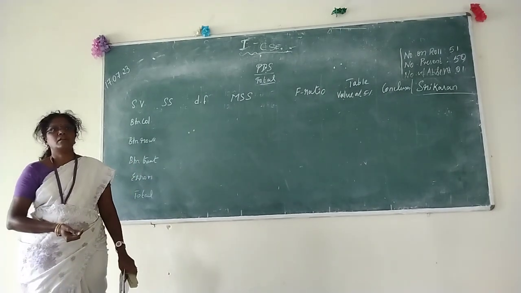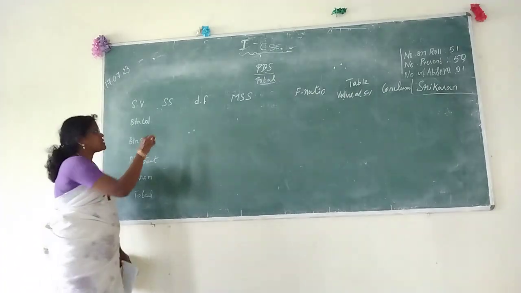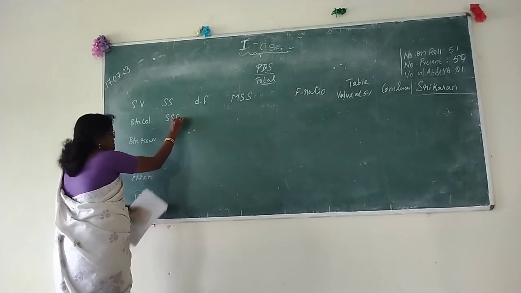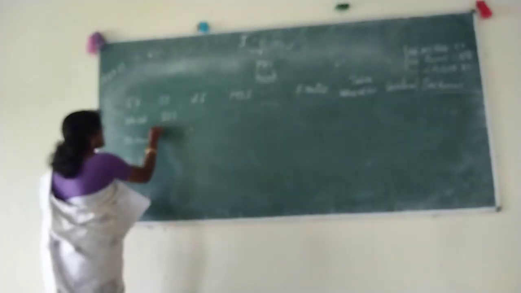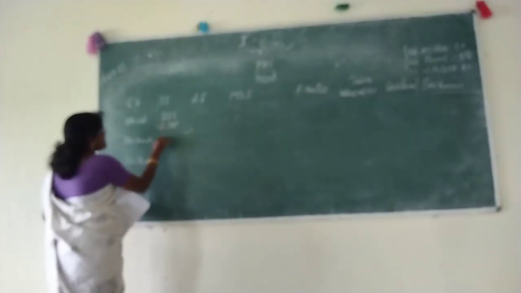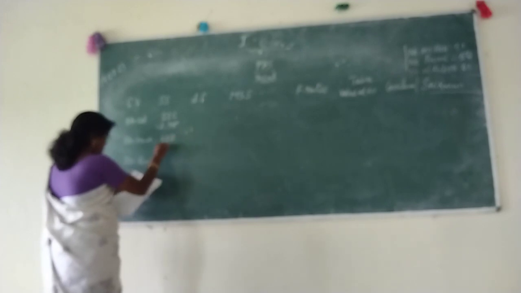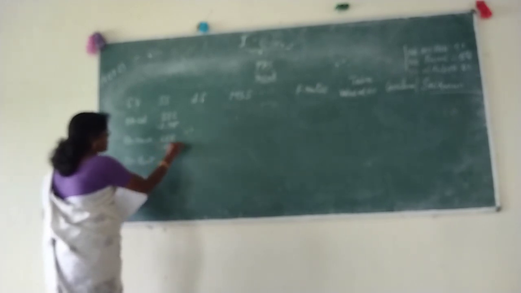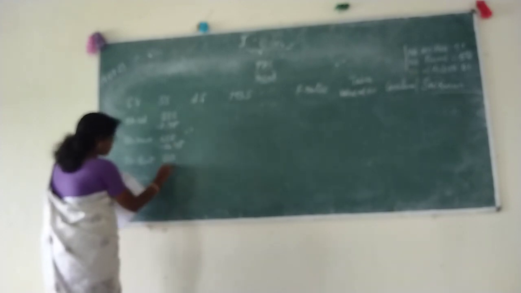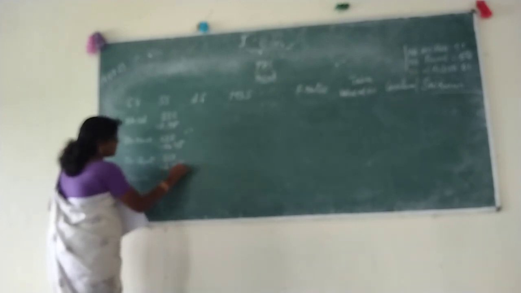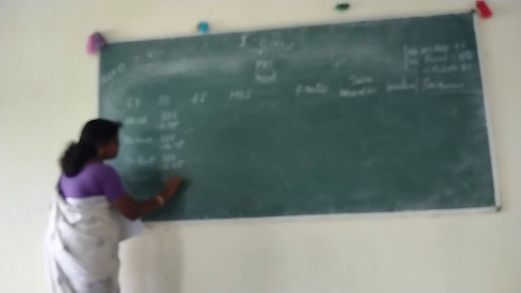Yes. Write the sum of squares column. SSC. What is the SSC answer? 2.75. SSR 24.75. SSK 4.25. SSE 4.